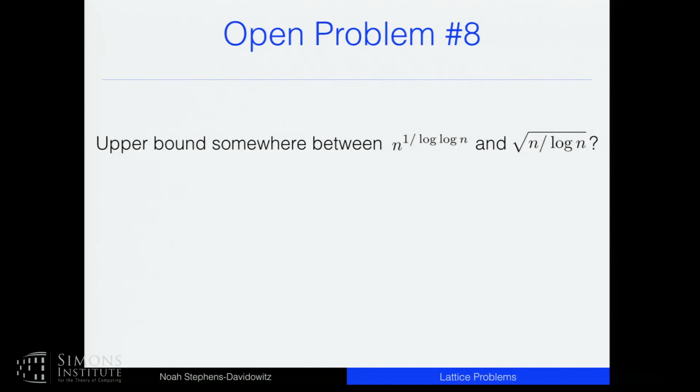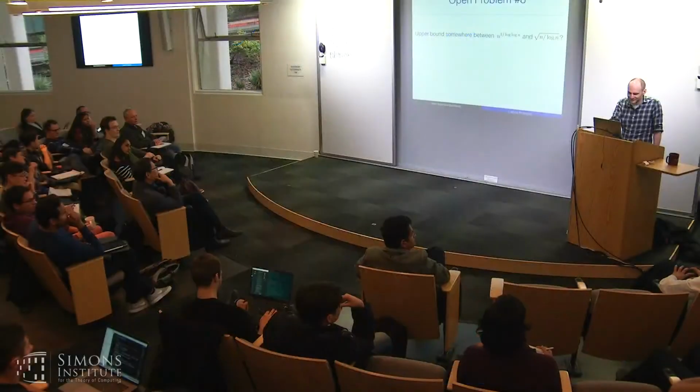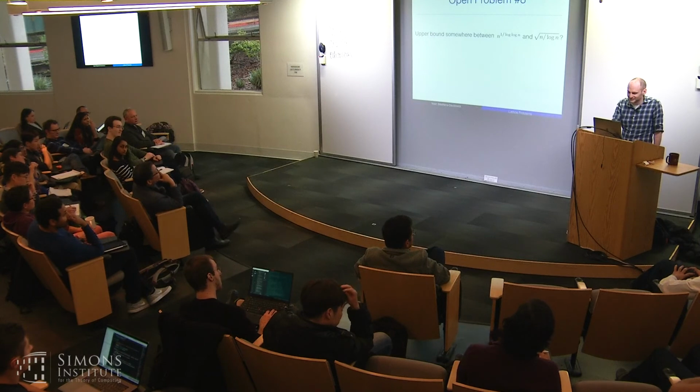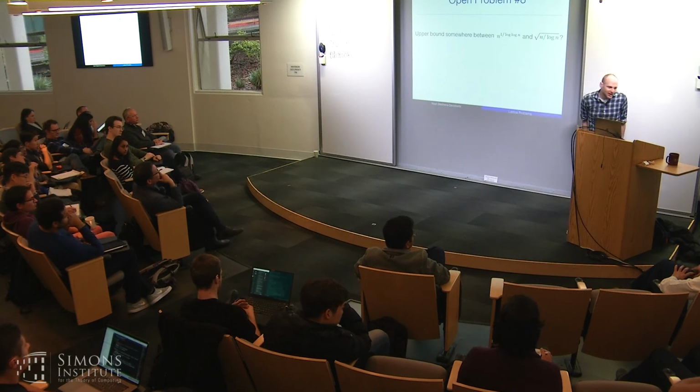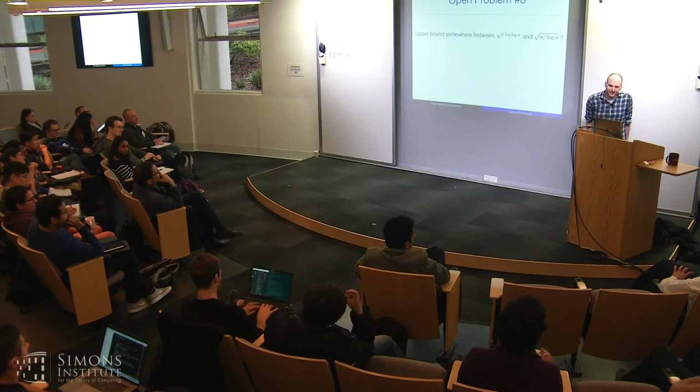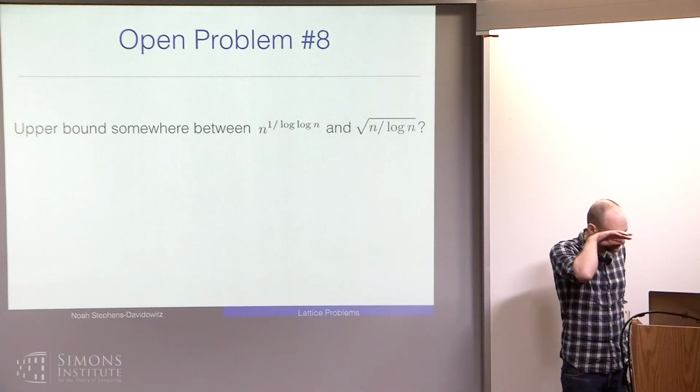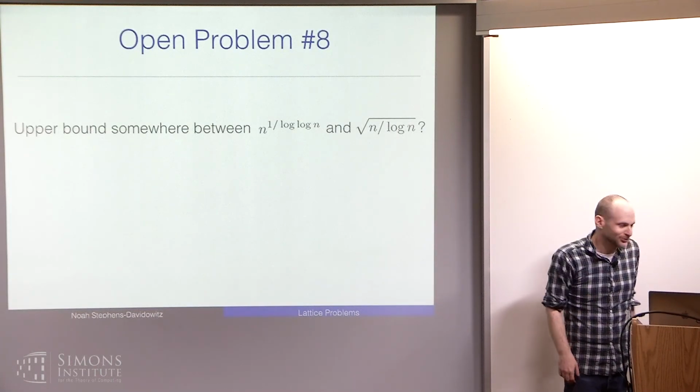So you think we may get as close as n to the 1/2 minus epsilon, constants less than 1/2? Actually, there are some things that you can do in this regime, in upcoming work with many others.